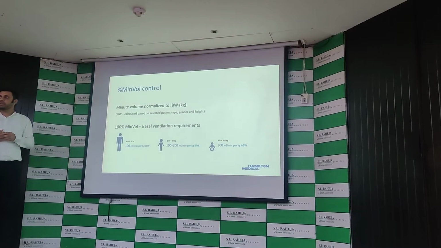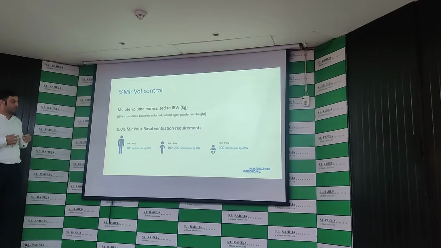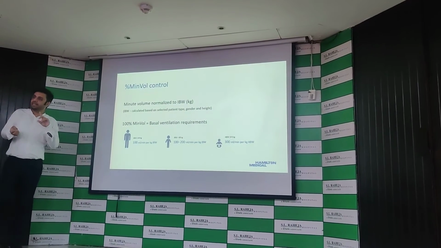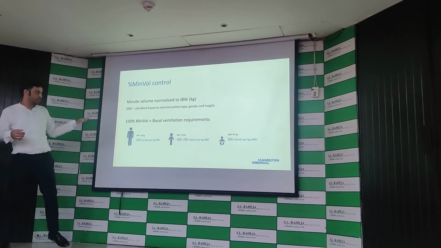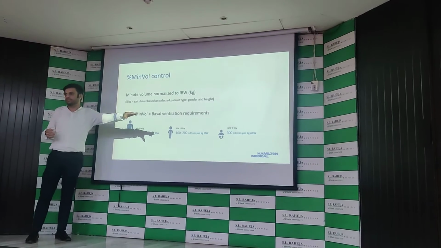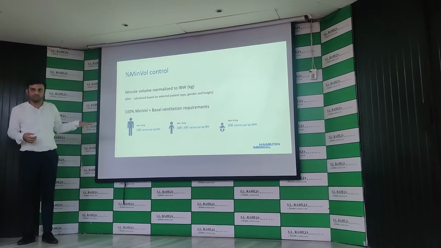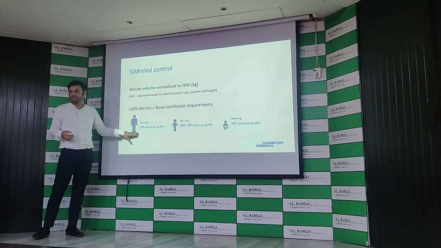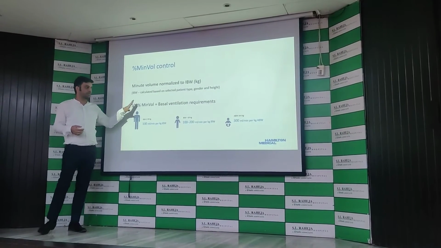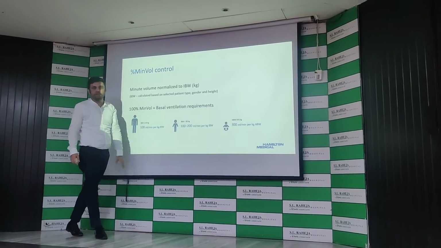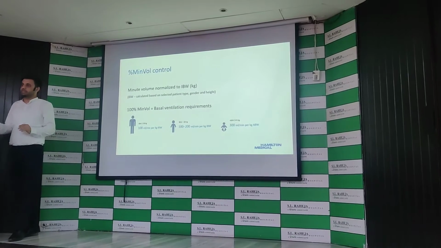That is set by the ventilator. And exactly as I explained regarding the coefficient, all the coefficients are set for the adult, pediatric and neonate in the algorithm. So 0.1 is for adults, 0.3 is for pediatrics, and 0.5 is for neonates.